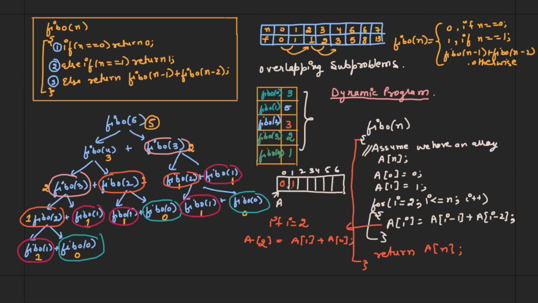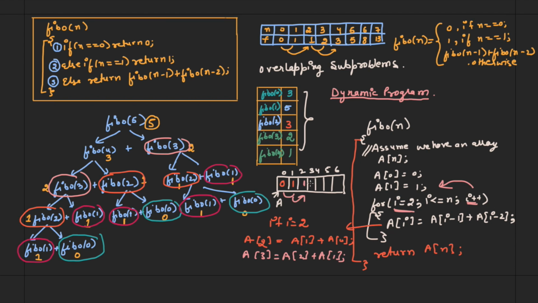In the same way, if you look at this array, when the value of i is 2, we are going to do 0 plus 1, which is 1. When the value of i becomes 3, and 3 is less than n, we are going to calculate A of 3 equals A of 2 plus A of 1.